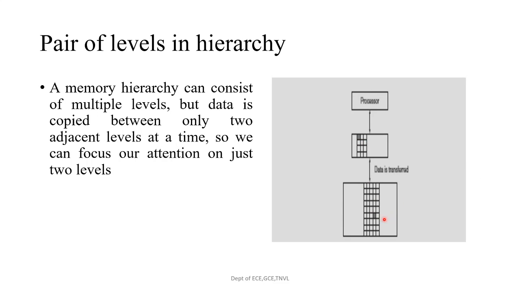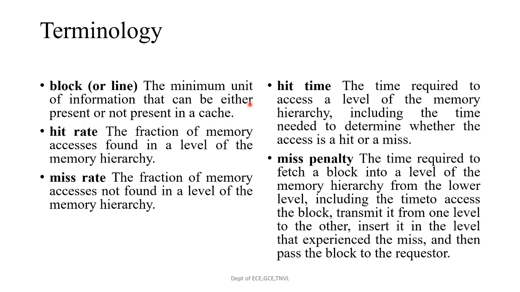Whatever information we are fetching is called a block or a line. In a library analogy, a block of information is nothing but the book we are searching for. Before getting into this, we need to be familiar with some terminologies associated with this memory hierarchy.